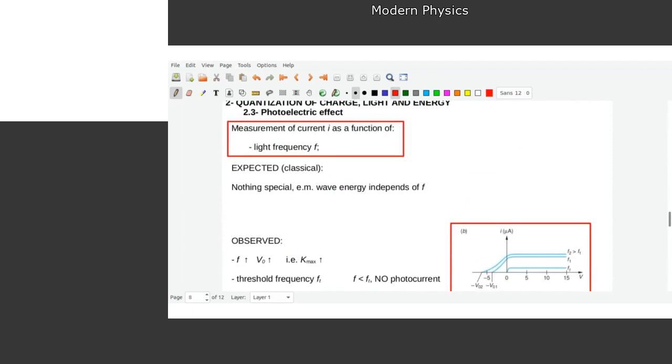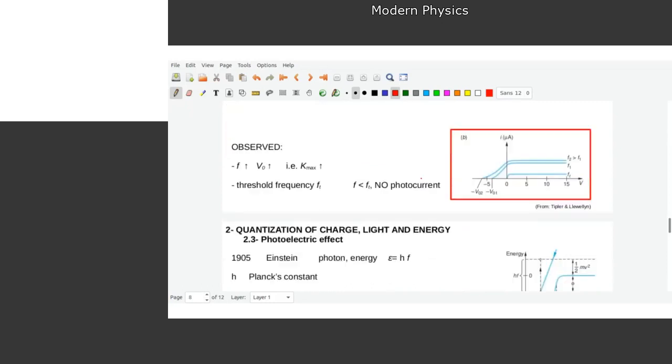Because if you change the wavelength, meaning the frequency, of the light, it is not expected that the energy of the light depends on the frequency. And so you don't expect anything special. You change the frequency, and so you will observe effects as a function of the intensity, but not as a function of the frequency.